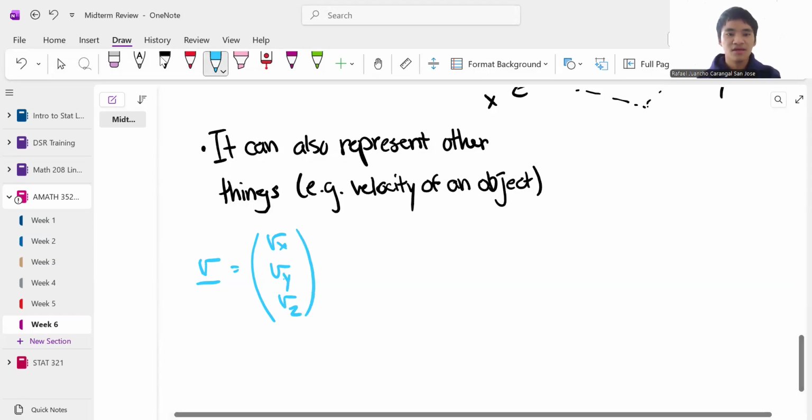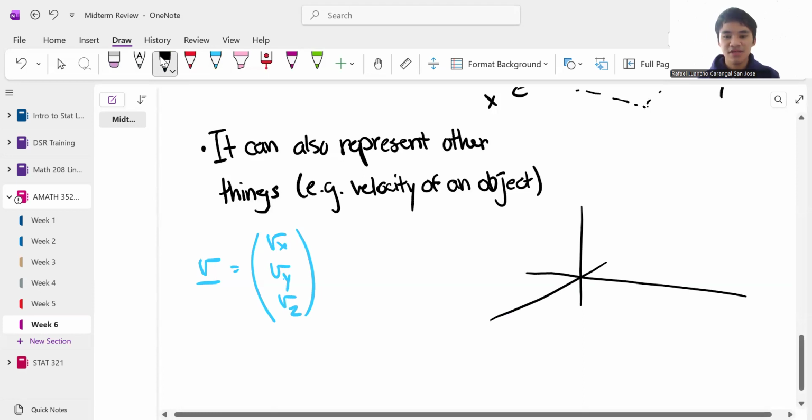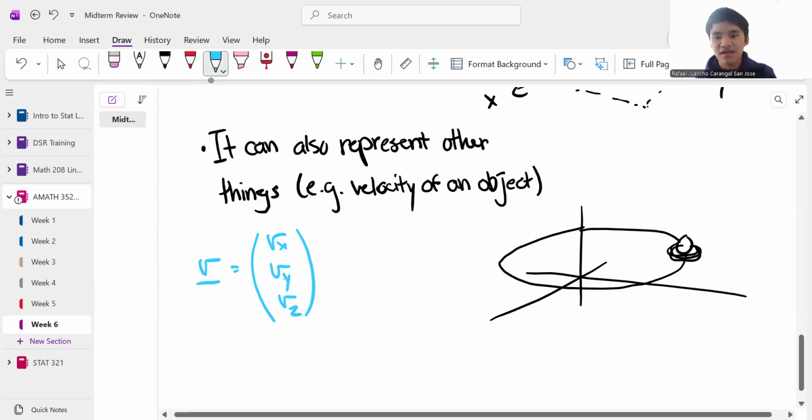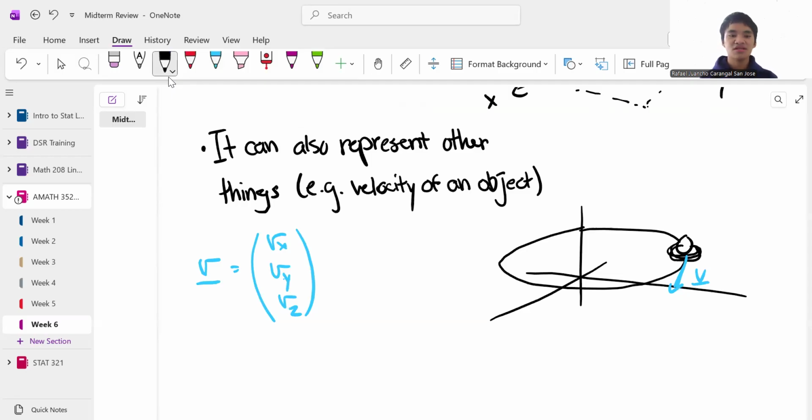Okay. And I guess the way we can define this, we can again do a 3D space, right? And say we have this planet and it's orbiting around like so. And at a particular point, that's where the V vector is. So that's how we can represent this idea.